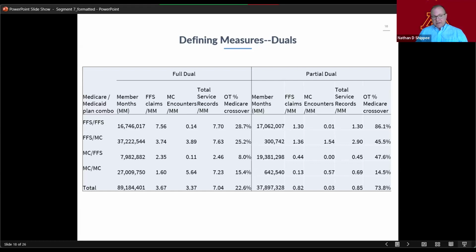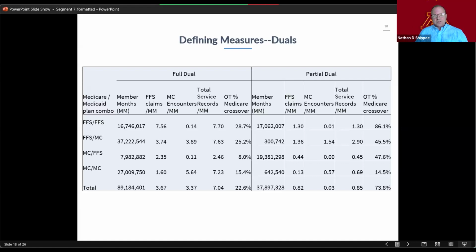The second part is the Medicaid: is Medicaid fee-for-service or managed care? We can see that the largest ones are the ones with Medicaid managed care. And the very smallest is Medicare managed care but Medicaid fee-for-service, which is understandably a little unique. I wasn't expecting to even find this many people in it.